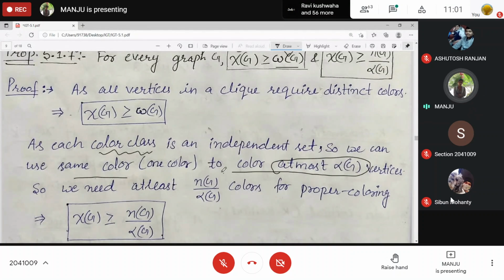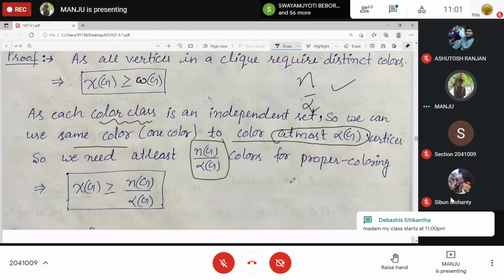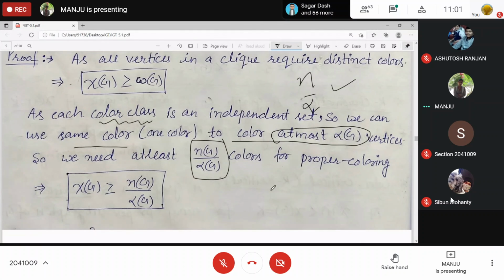So we need n by alpha at least. The total number of vertices is n, and at most alpha can be colored with the same color. So at least how many colors do we need? N by alpha. Are you getting it? Or we can prove it in some other way.